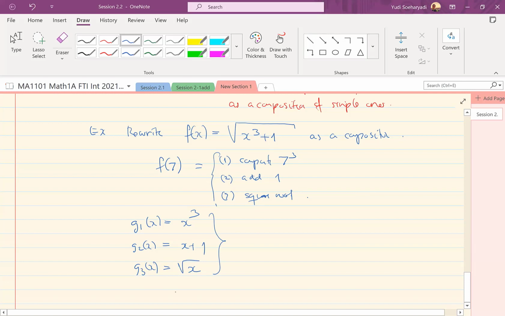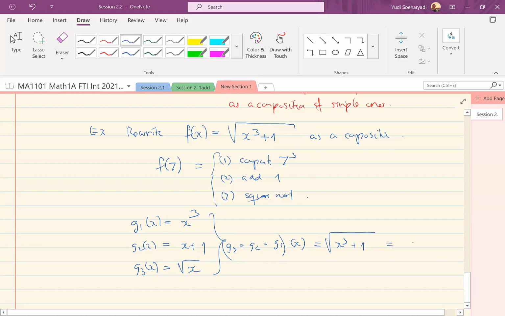So if you apply this in order, g1 first, and then g2, and then g3, applied to x, this is what you get. You apply the cube, and then add 1, and then take the square root.